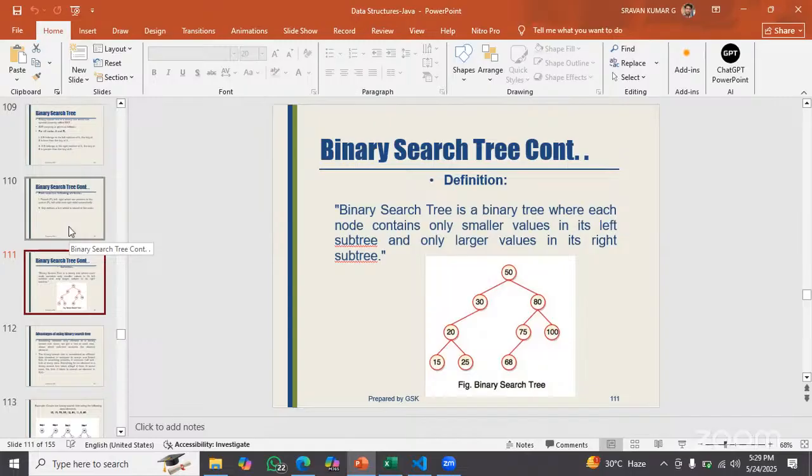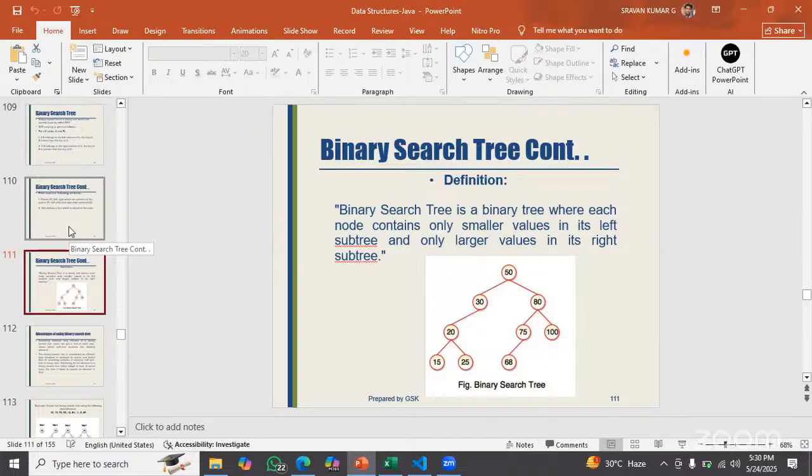What is a root node, left child, right child, child node, parent node, internal and external nodes, leaf nodes, and what is level, depth, and height. We covered all this basic terminology about the trees concept. After that, we started the discussion about types of trees. As part of that, we covered the binary tree. A binary tree is a tree which has at most two children.